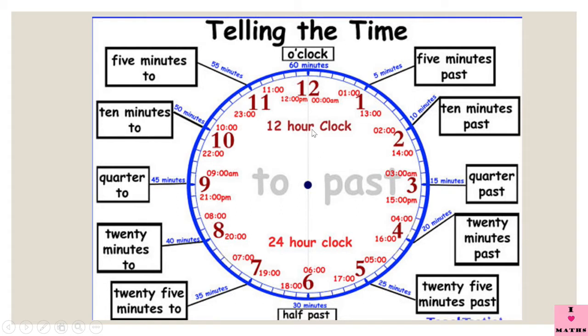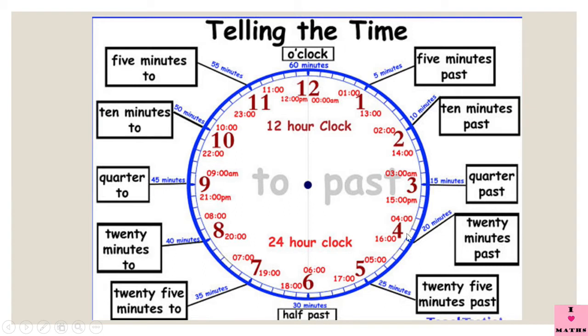So when the minute hand is on 3, 15 minutes have passed and the minute hand has traveled a quarter of the clock, and that is the reason we call it quarter past. When the minute hand is on 3, remember children, we call it quarter past, because the minute hand has traveled quarter of the clock after 12.